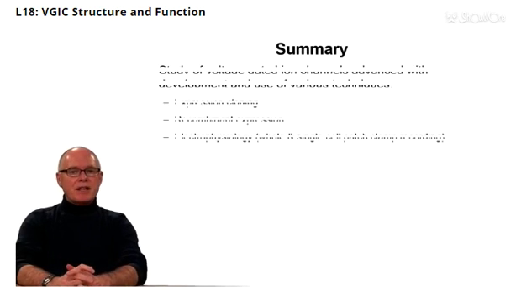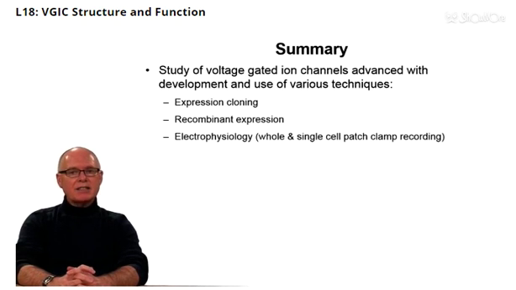So in summary, advancements in techniques in the late 1900s rapidly advanced the study of voltage-gated channels, their physiological role, and the development of selective pharmacological tools and agents that could modify these channels. Expression cloning used mRNA isolated from specific tissues to create cloned or copy DNA, which could be re-expressed in model systems.